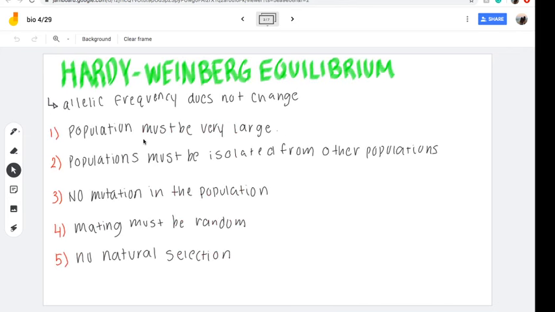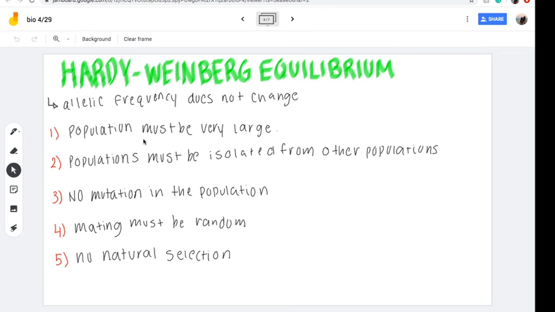Then we talked about the two scientists who found an equilibrium and an equation. The Hardy-Weinberg equilibrium states that allele frequency does not change. In order for this to be met, the population must meet 5 important criteria. First, the population must be very large. Then populations must be isolated from other populations.